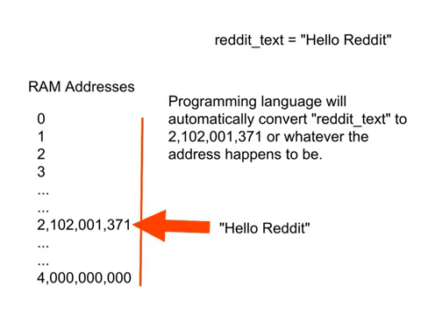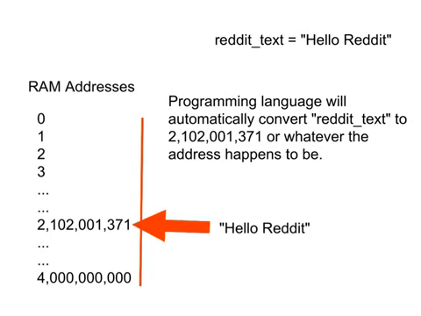Then what happens is the programming language will automatically understand whenever it sees Reddit text, what I am referring to is the actual place in memory that the data is stored. So this is what I want you to remember.